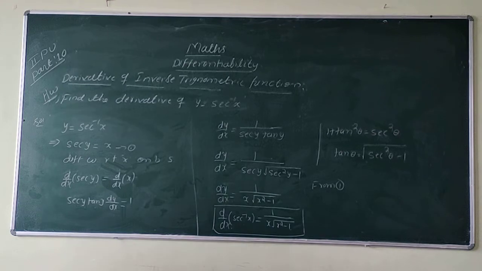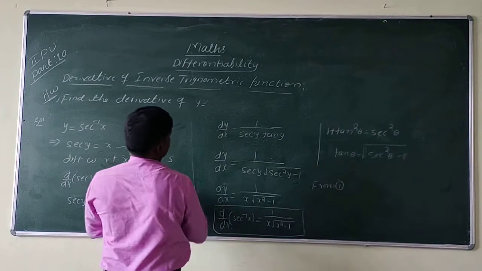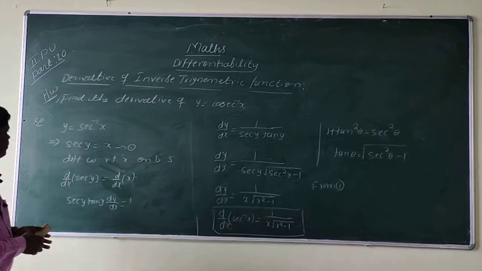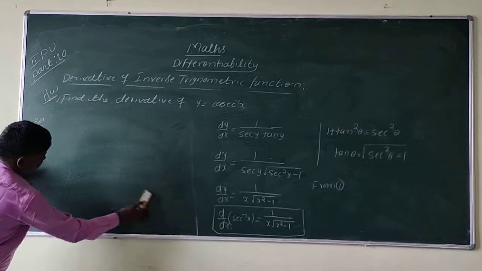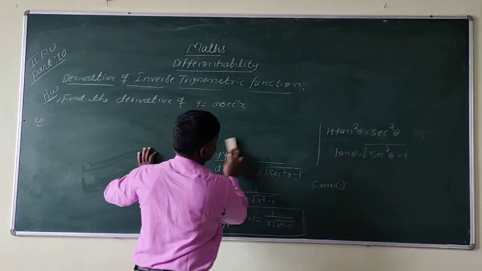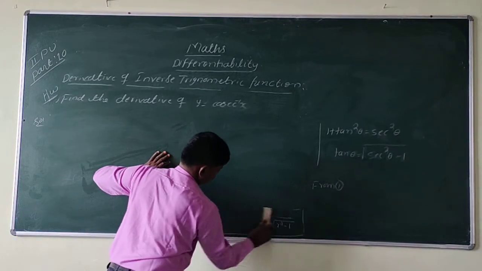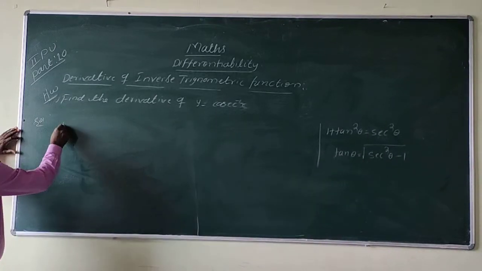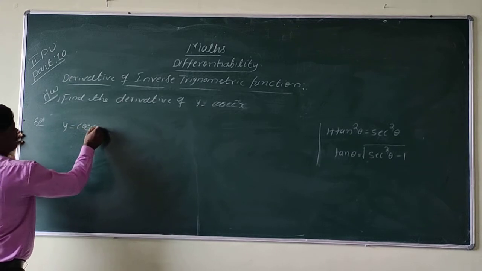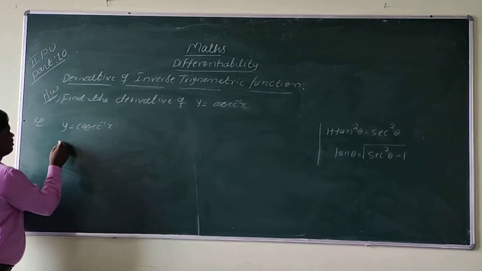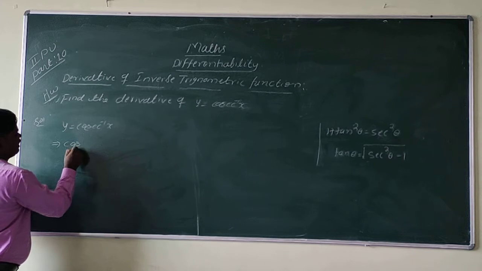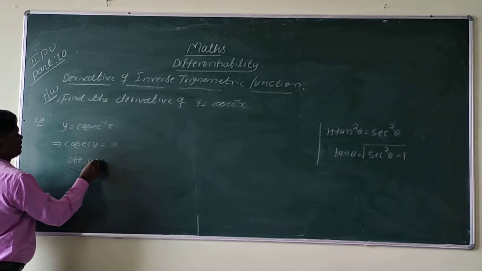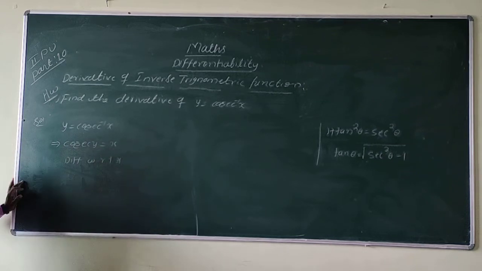Next, find the derivative of cosecant inverse of x. So y is equal to cosecant inverse of x. This implies cosecant y is equal to x. Now we are going to differentiate this with respect to x.